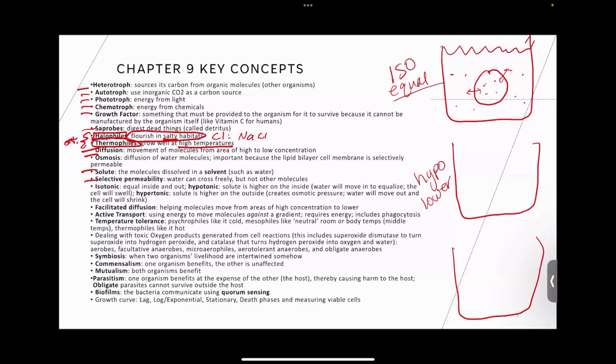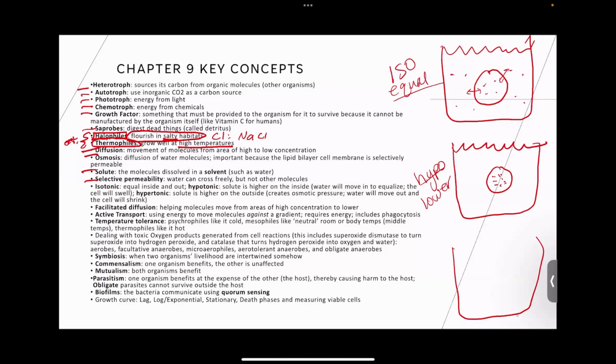In a hypotonic situation, hypo is lower. We know this, hypo and hyper, most people can get that part, right? But with the hypo situation, if a cell is put in a hypotonic solution, then the solute is lower outside. So the cell has more than the outside. Let's say it's pure water. Our cells are not pure water, they might be 95% water, but if we put our cells in pure water, the cell says, oh, I have more bouncy balls in here than what's outside.